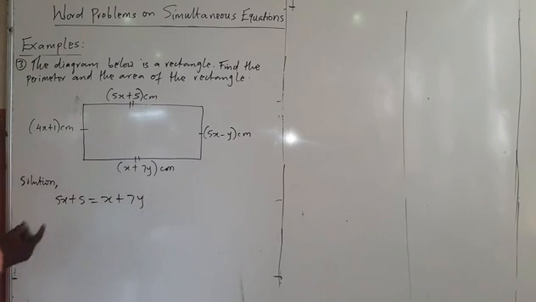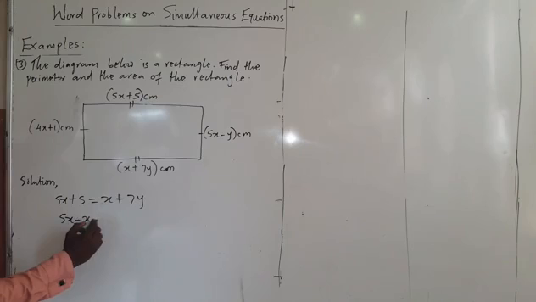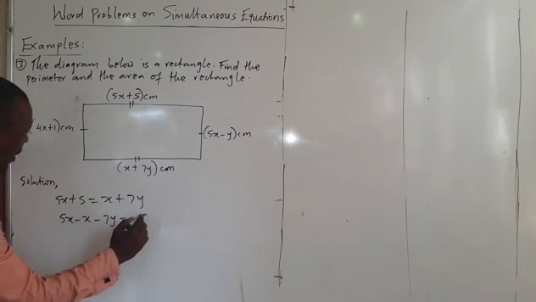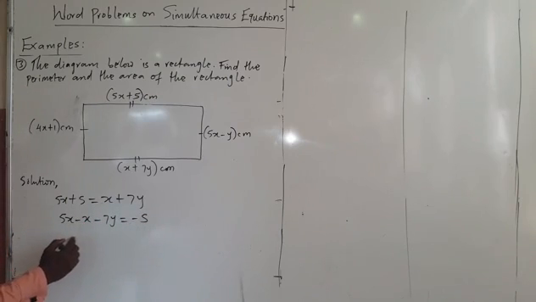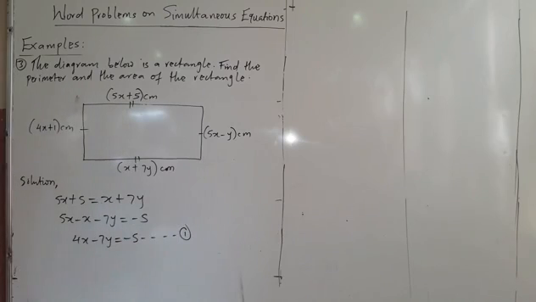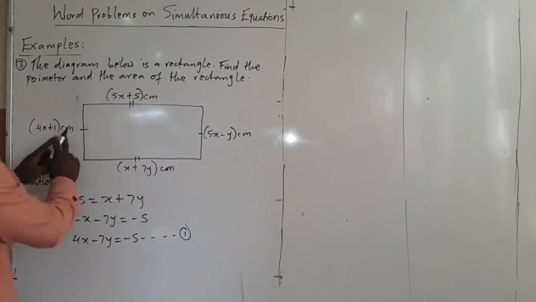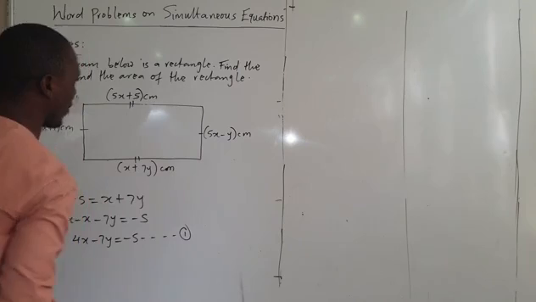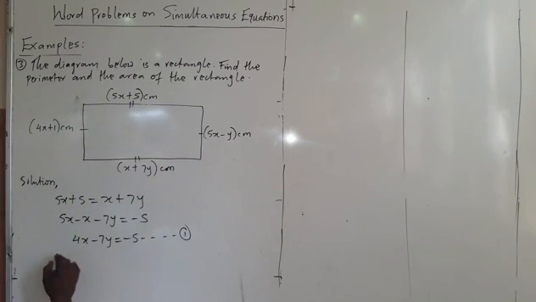So we are going to generate a linear equation here, which is 5x minus x minus 7y equals minus 5. Then we have 4x minus 7y equals minus 5. So we call this equation 1. Then to get the width, we are going to equate 4x plus 1 equals 5x minus 1.